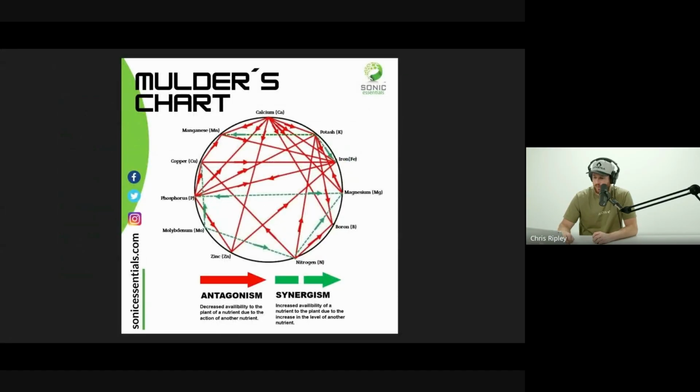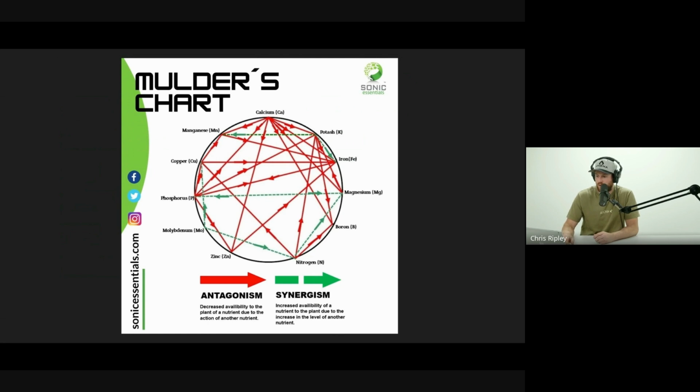And we'll share it. I don't know if everyone's going to be able to see it very easy here. So, Mulder's chart, this is kind of how specific nutrients relate to other nutrients as far as uptake.